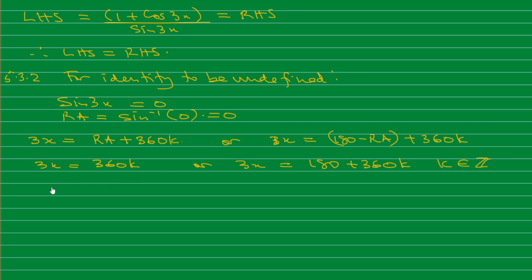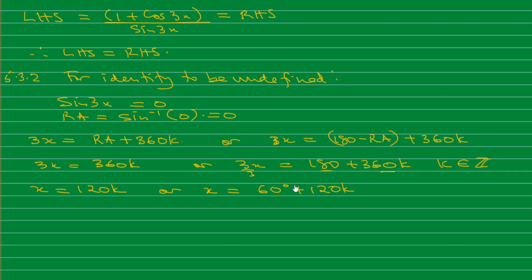Now our x, therefore, we divide by 3, that is 120k, or x is equal to 60 degrees plus 120k. So these are the two.